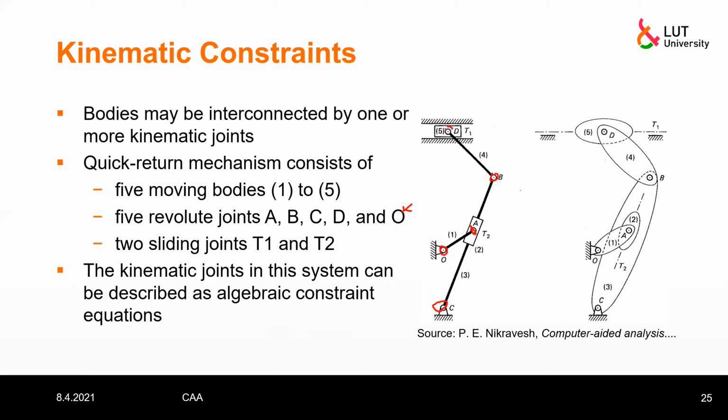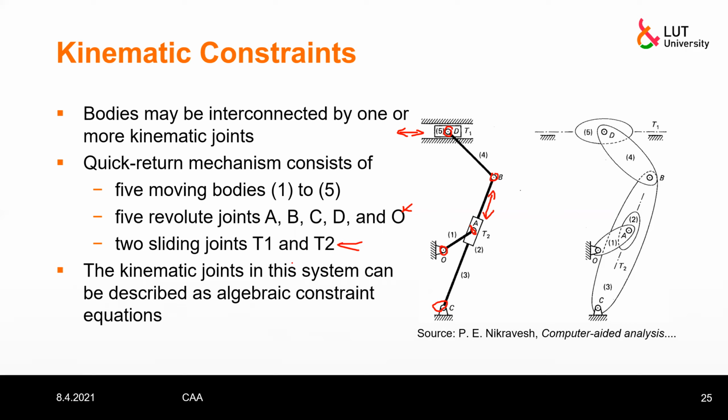So we have those 5 revolute joints and 2 translational joints, T1 and T2, because this box here describes that body 2 can move with respect to body 3 only in the direction along that body. And similarly here, this box tells us that body 5 can move with respect to ground only in this direction, left or right.